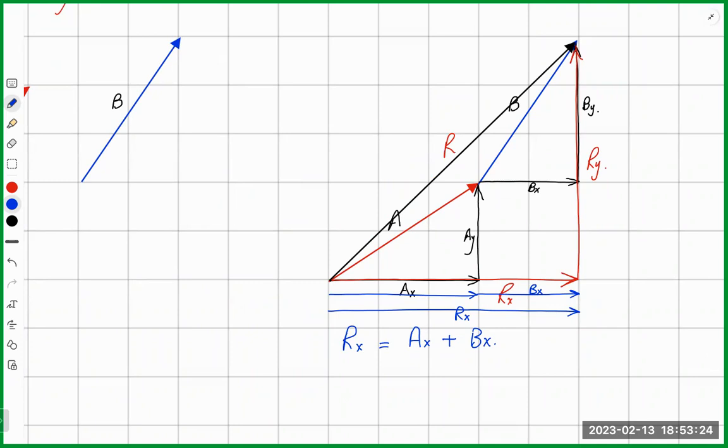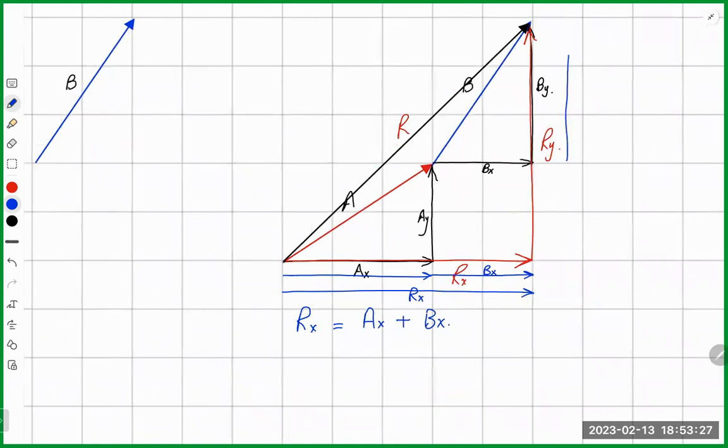Now, similarly, you can see that this is B's Y component, this is A's Y component, and this is the resultant's Y component, which is the simple sum of these two.